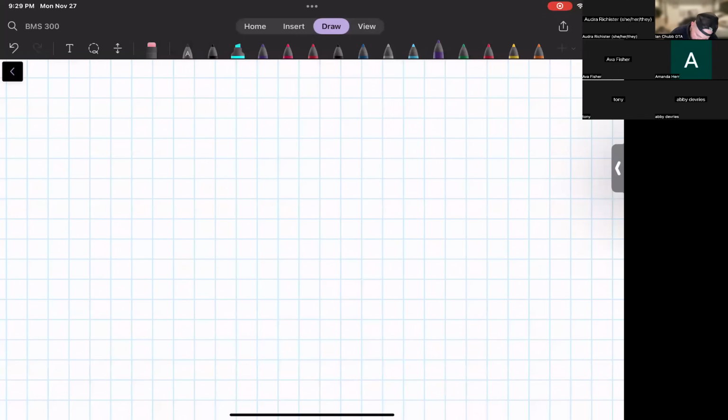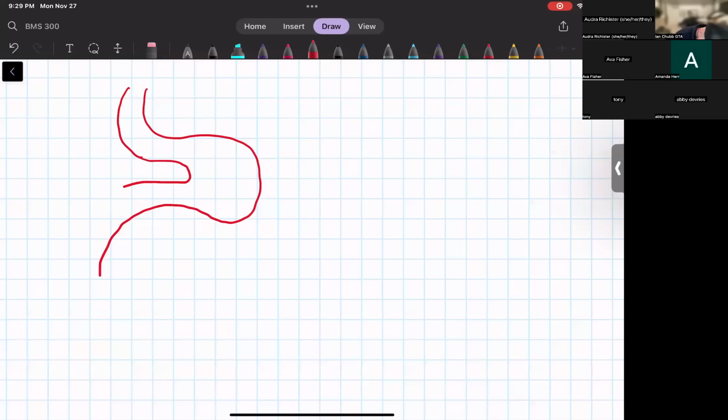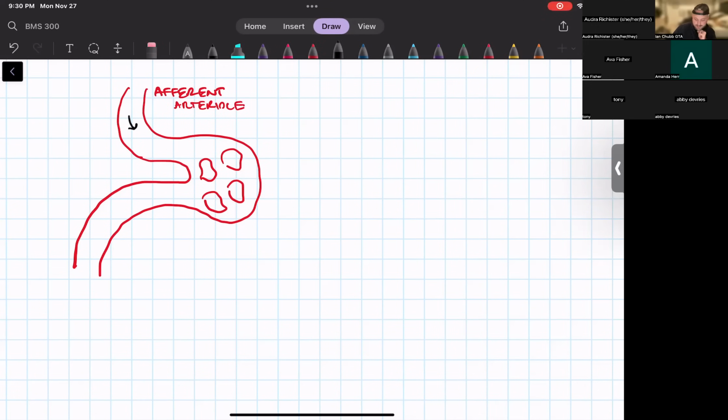Okay, so let's start with just a nice diagram. So we have our afferent arteriole. So this is bringing blood towards the nephron.